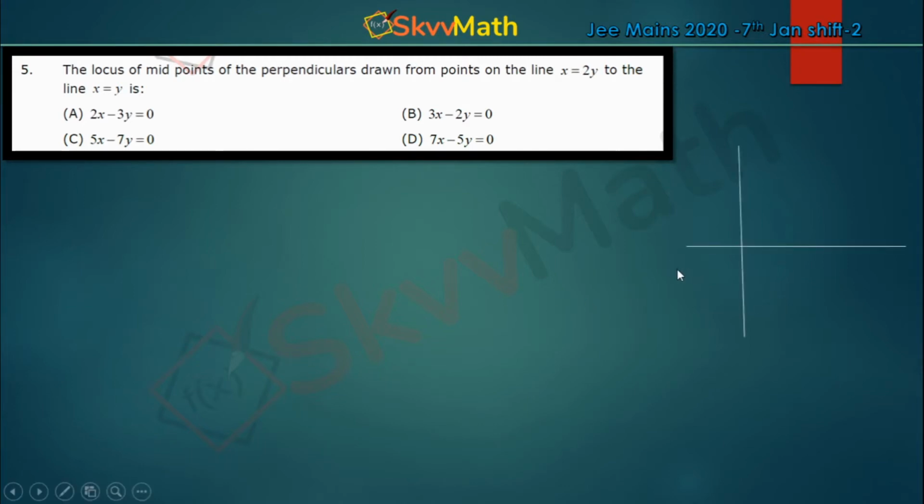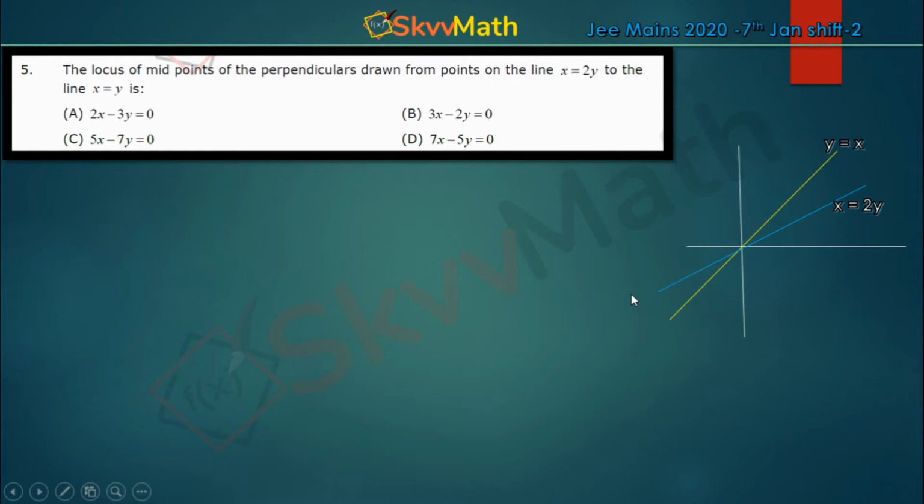Now you see here, let us suppose you have a coordinate system and this is the line y = x, right? So one more line given to us is x = 2y. Because the slope of the line x = 2y is half, it will be like this.